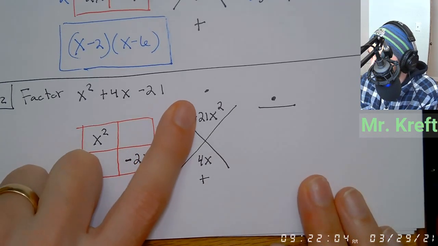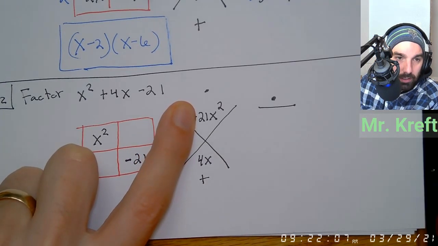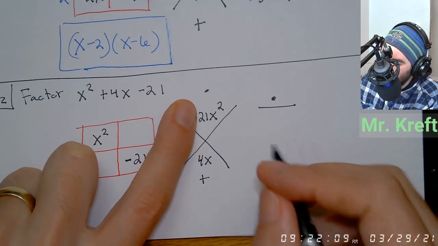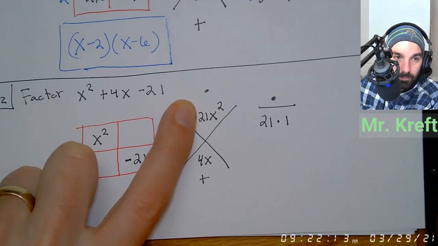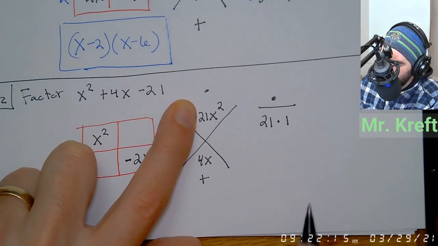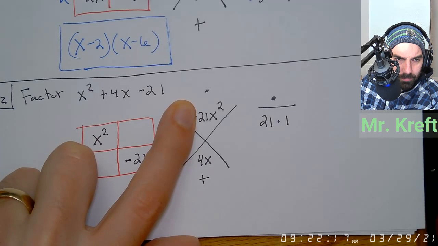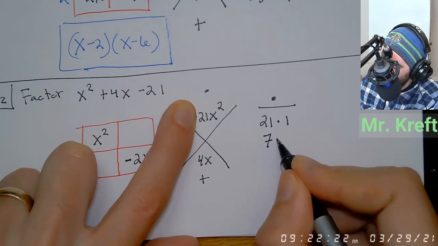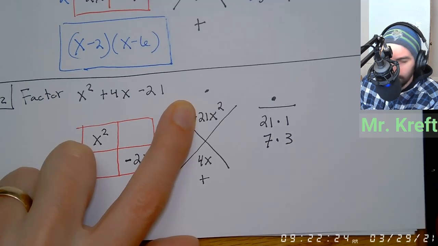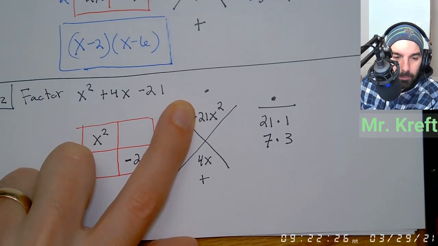So let's ignore that negative for now. What times what gives me 21? Well, we have 21 times 1, right? What else? 7 times 3, right? Anything else?